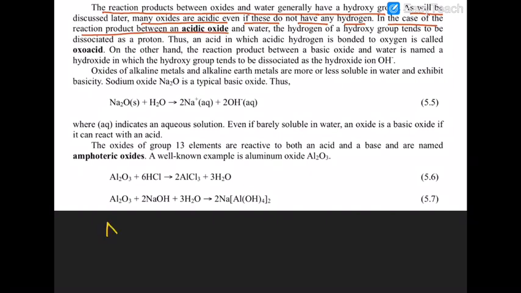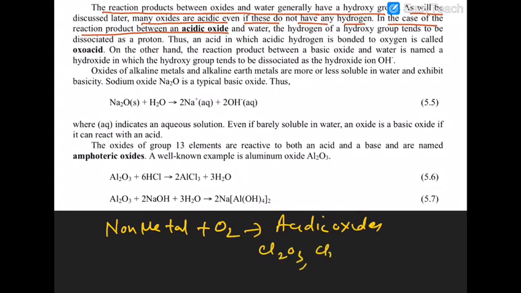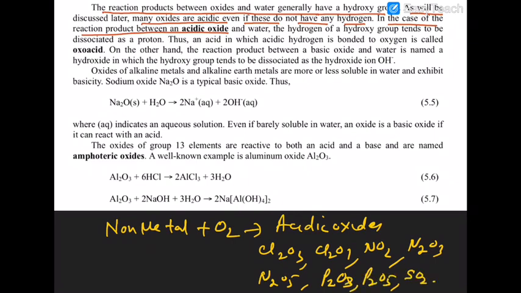When non-metals react with oxygen, you have formation of acidic oxides, like Cl2O3, Cl2O7, NO2, N2O3, N2O5, P2O3, P2O5, SO2, SO3. All these non-metallic oxides are what?